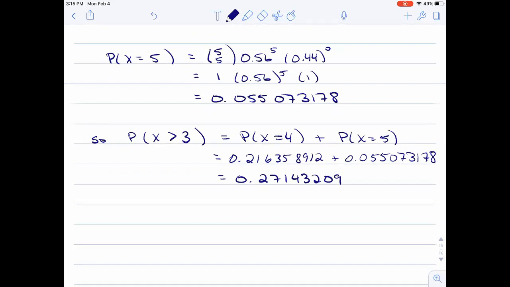What the hey, I'll just leave it like that. Now we also know the probability of getting less than or equal to 3. 1 minus that.